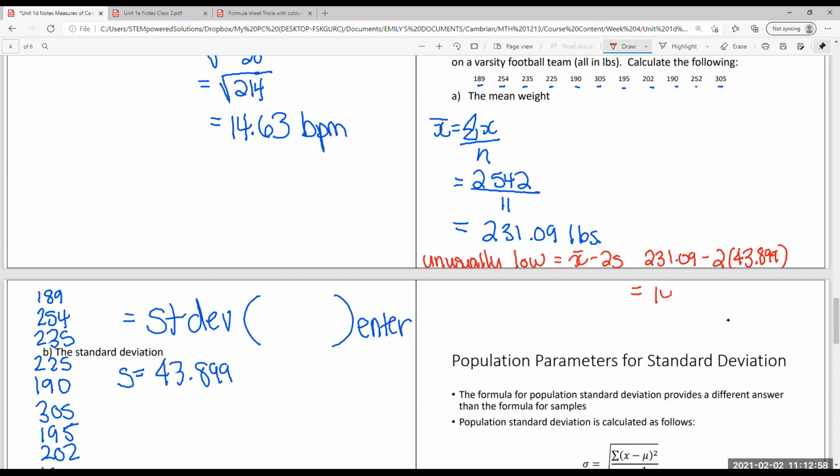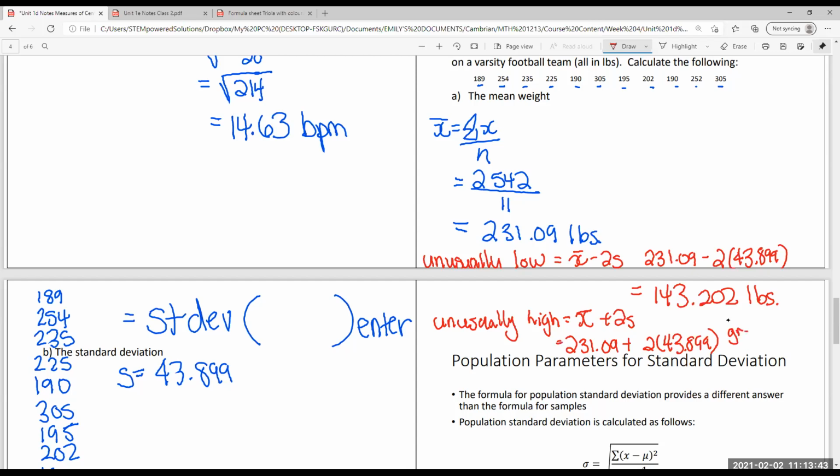So any number like 143.202 would be considered unusually low for this football team, and unusually high would be equal to X bar plus 2 sigma. So that would be equal to 231.09 plus 2 times 43.899. So 2 times 43.899 plus 231.09 is equal to 318.88.